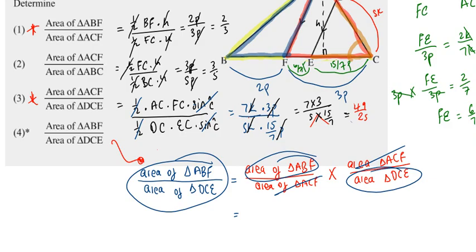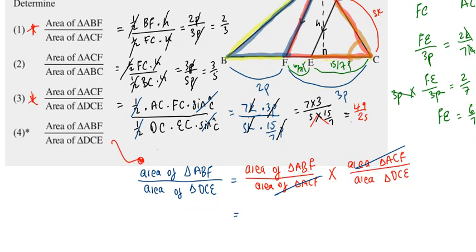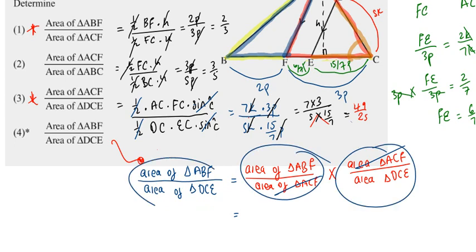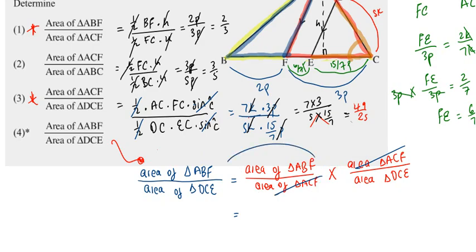So I'm going to have the same thing, okay? But instead of cancelling and then writing it back as area of triangle ABF over area of triangle DCE, because I'll be going back to the same question, because I know that this times that gives me this, I can simply substitute what is area of triangle ABF over ACF.